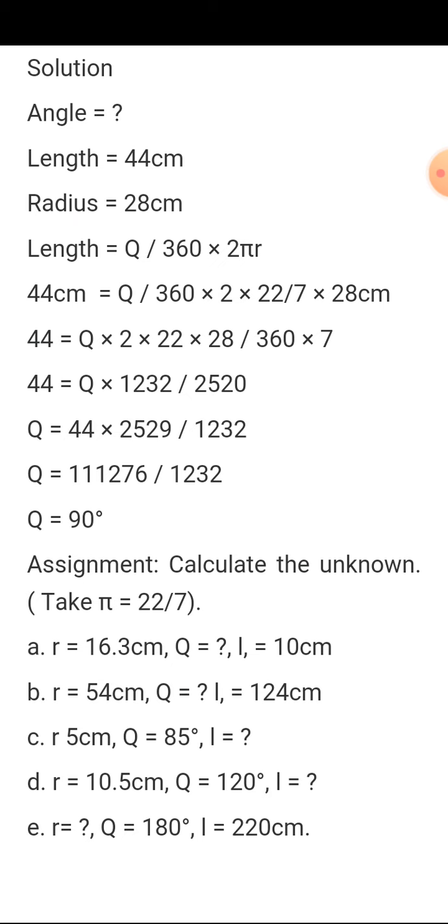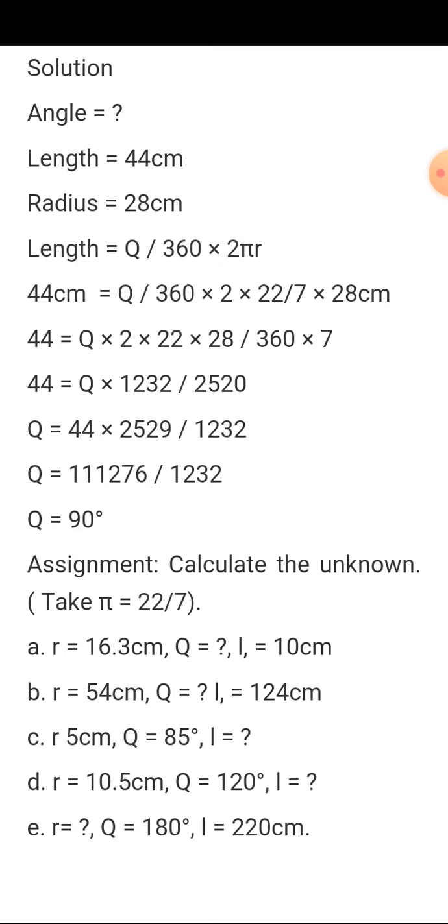Now we cross multiply to make theta the subject of the formula. After we multiply all together, the numerator is 22 times 2 times 28, which gives us 1232, and the denominator is 360 times 7, which gives us 2520.